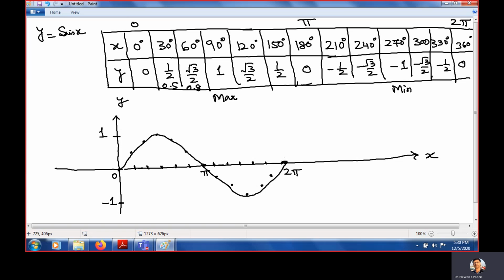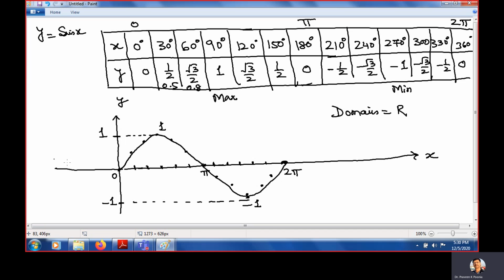It will be like this one. This is the graph. And my dear friends, the maximum value is 1, and the minimum value is minus 1. Clear? So if you want to find the domain of sin x, the domain of sin x is R, because it is defined for every value.